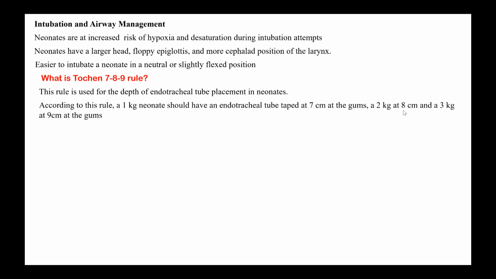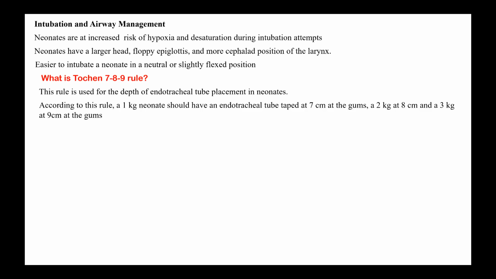For 2 kg, 8, and 3 kg, 9. So this is the maximum length you should insert, otherwise you will make it endobronchial. So this is the guideline for introduction of the tube in the neonate up to a safe level without going in for endobronchial intubation.